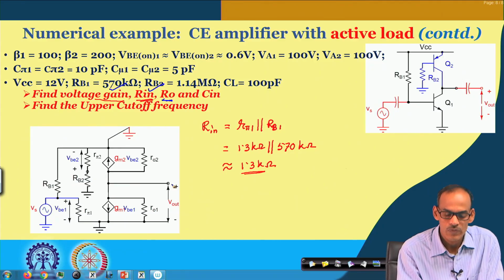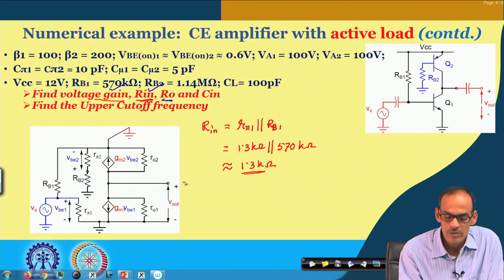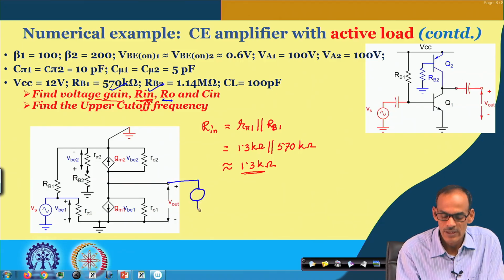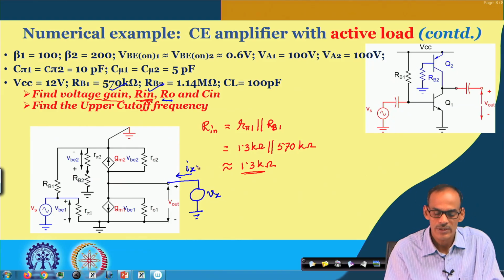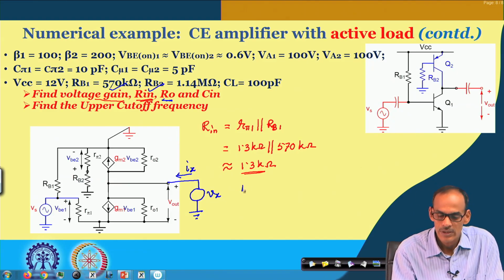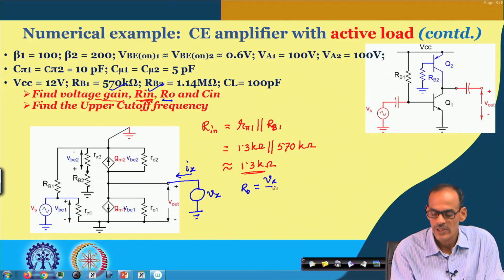To find the output resistance, we can stimulate this circuit by a signal called Vx, and then we can observe the corresponding current. If the current is Ix, then the output resistance Ro equals Vx divided by Ix.